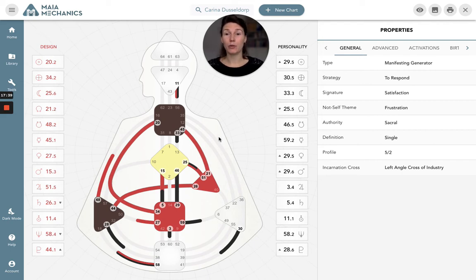We think we have to have and be and produce and have access to all the chart, to all the energy, to all the centers, all the time. And because we don't, as you can see here, and as you probably can also see in your own design, we think there's something wrong with us.